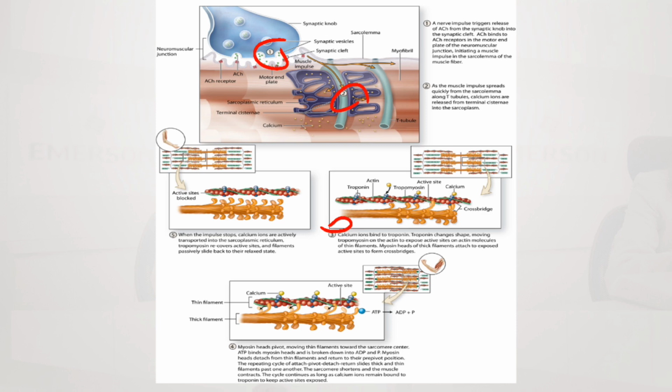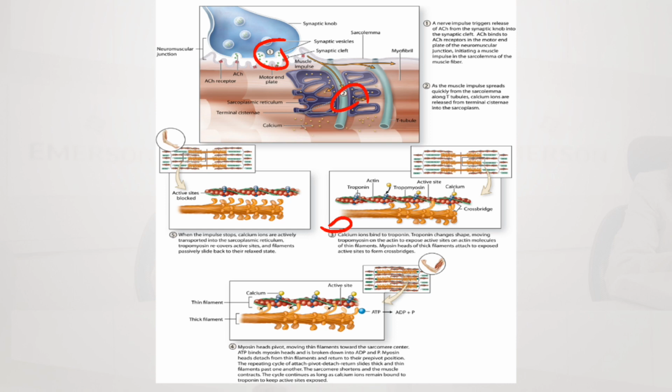Then the repeating cycle of attach, pivot, detach slides thick and thin filaments past one another. So the sarcomeres shorten and the muscles contract. The muscle contraction continues as long as calcium ions remain bound to troponin to keep active sites exposed.